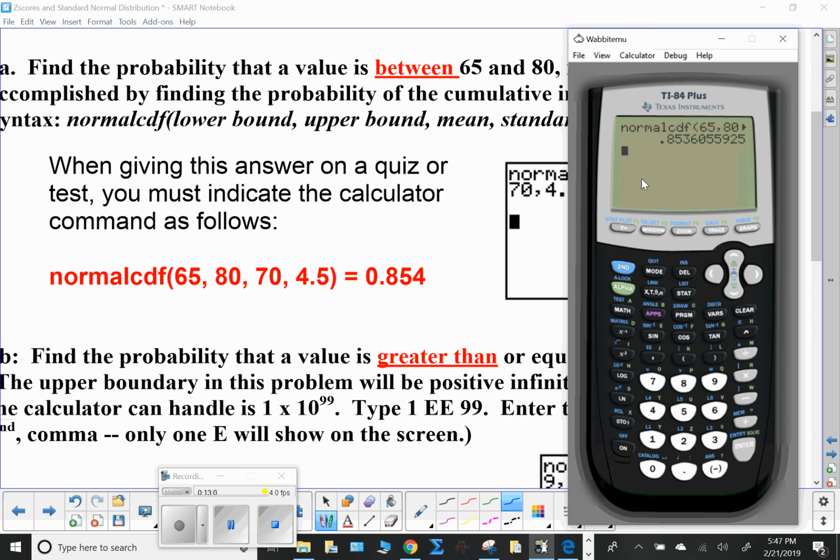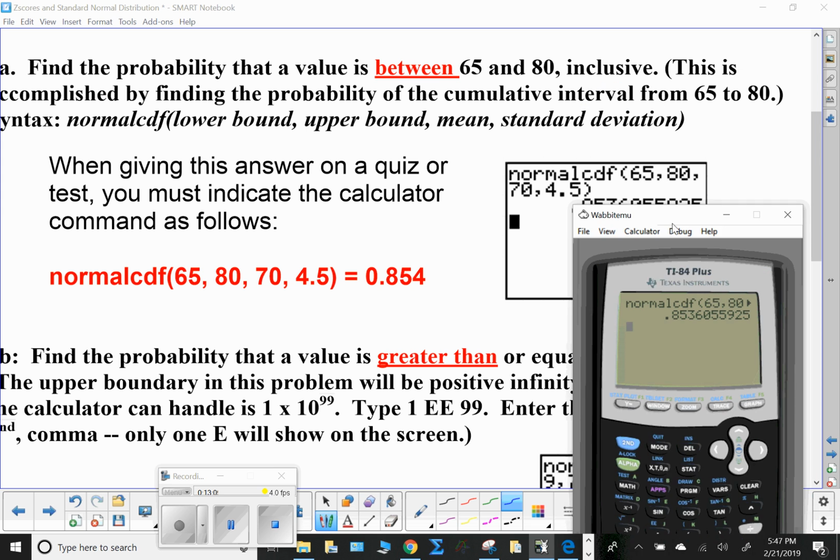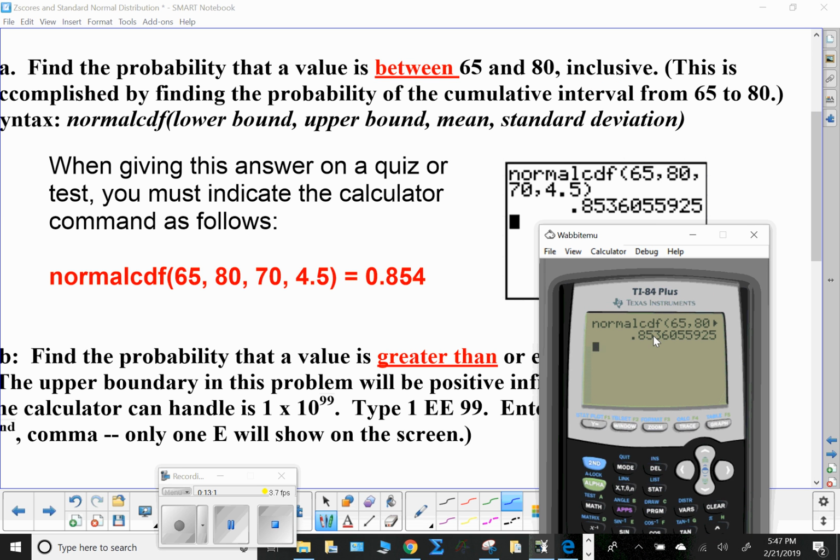And notice I get 0.853. See, it's the same thing there. This is the probability. The percent of the data that's between 65 and 80 is about 85.36%. Okay?